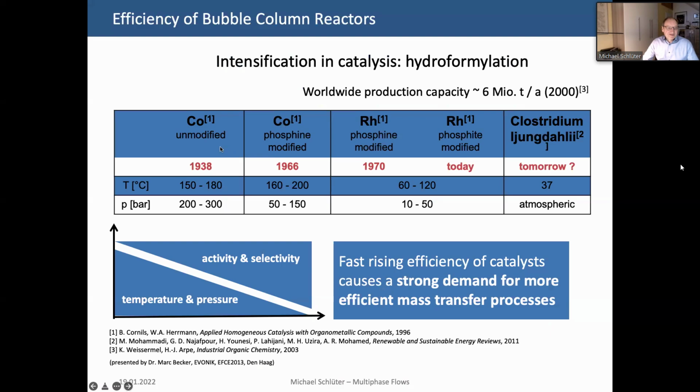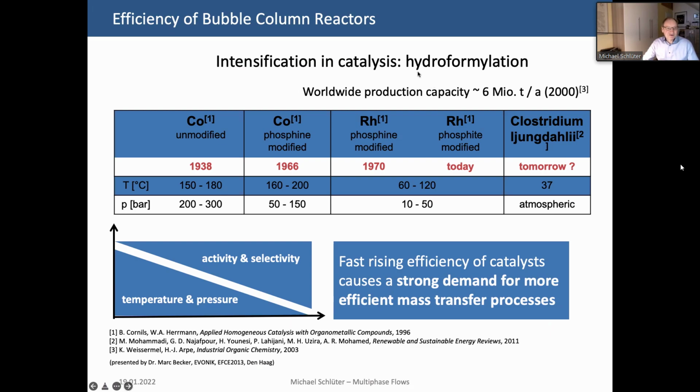So to give you some insights into the necessity to design and operate bubble column reactors more efficiently, it's nice to look at a typical reaction that is performed in bubble column reactors. And here you can see a catalytic hydroformylation reaction.